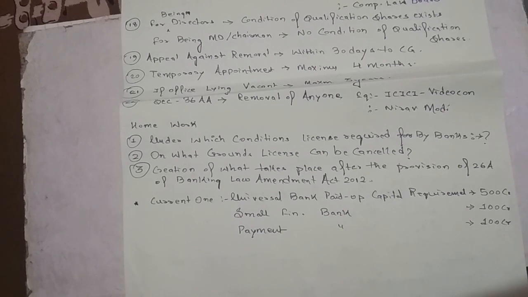Question 2: on what grounds can a license be cancelled? Just state 3-4 points. The third question: creation of what takes place after the provisions of Section 26A of the Banking Laws Amendment Act 2012? You have to answer these 3 questions.